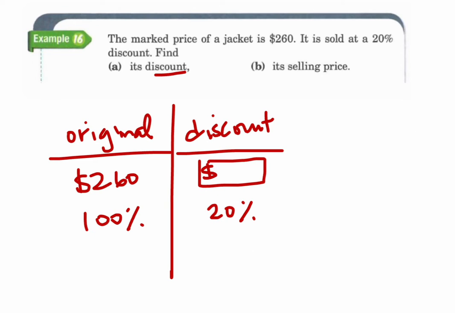Okay, let me find my pattern. Ooh, I have a great pattern going sideways. Look at that 20 and that 100. So beautiful. I'm going to go this way then, to the right, because that's what I'm looking for, right? 100, I think it's divide by 5 to get to 20.